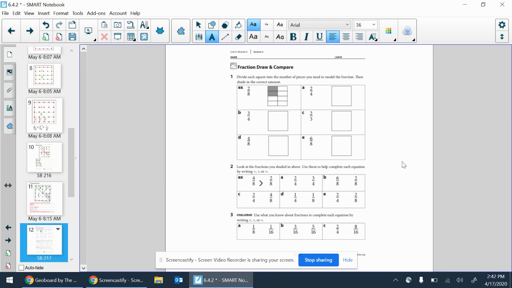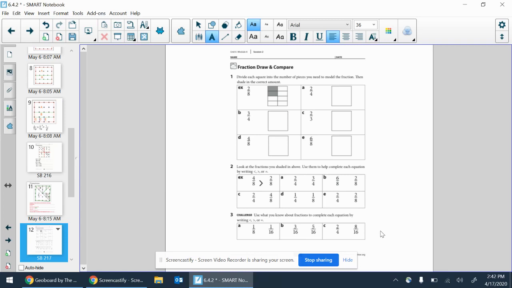Remember, that's your denominator number, the number that is down, the number that is on the bottom. And then you have to shade in the correct amount. So here you're going to split it into 4 pieces, and you need to shade in 2 of them. So that's what you're going to do here. And then for number 2, you have to do if they're less than, greater than, or equal to. And good, see if you can figure out that challenge, okay?